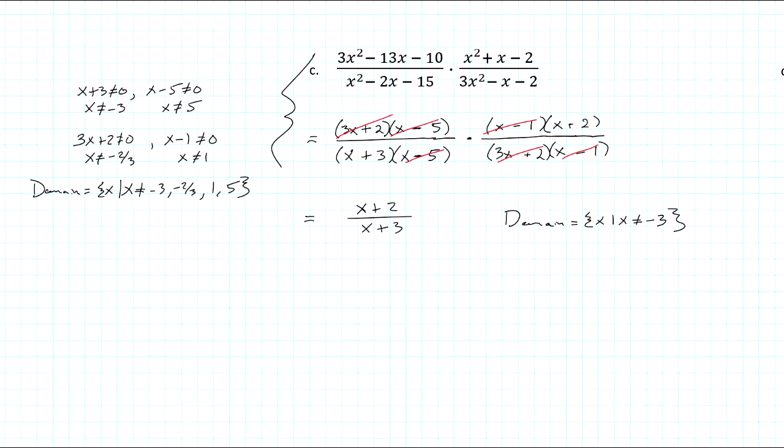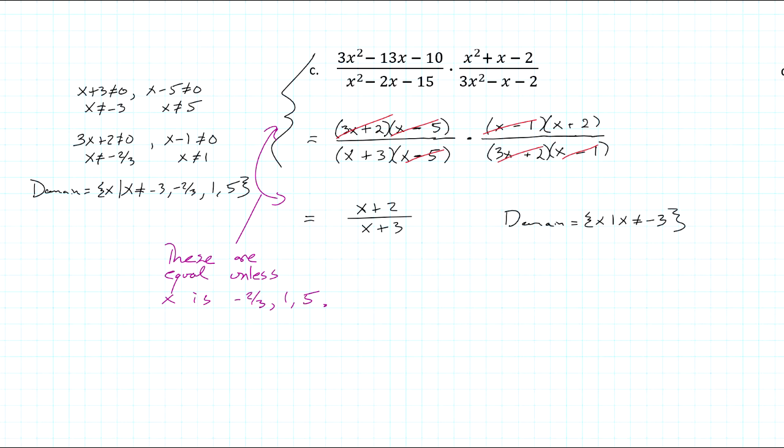The other numbers are now okay. So we can say that the original and this new expression are equal unless x is negative 2/3, 1, or 5. Those are the differences in the domain.